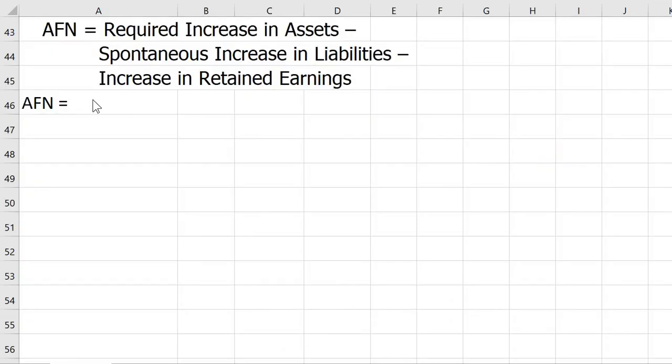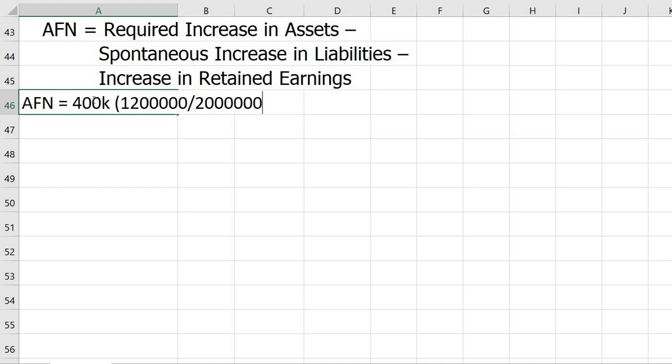So again, if you apply it here, that is your 400,000 change in sales, multiplied by your present current assets of 1,200,000, divided by your present sales of 2 million. That's your required assets.